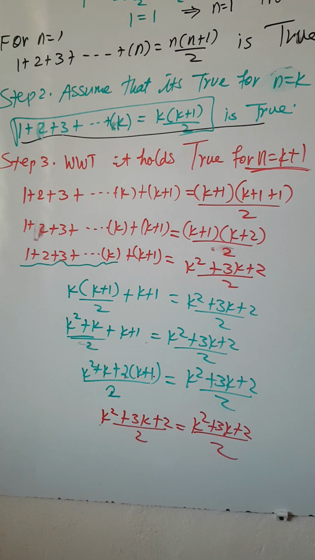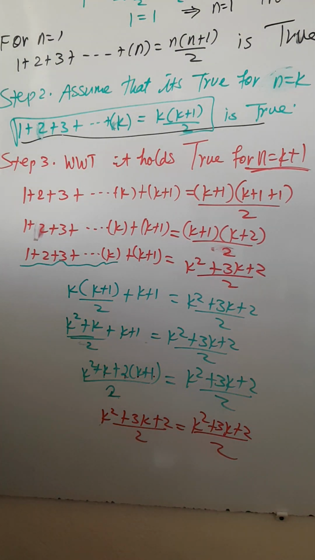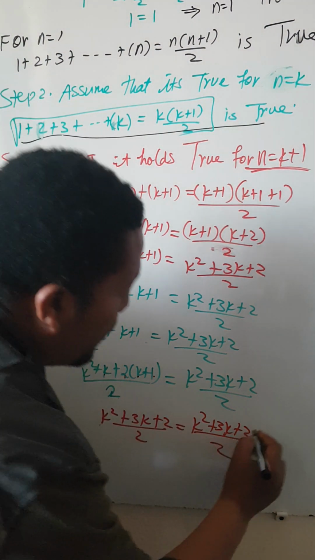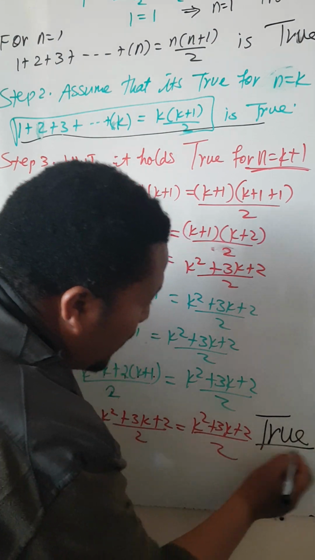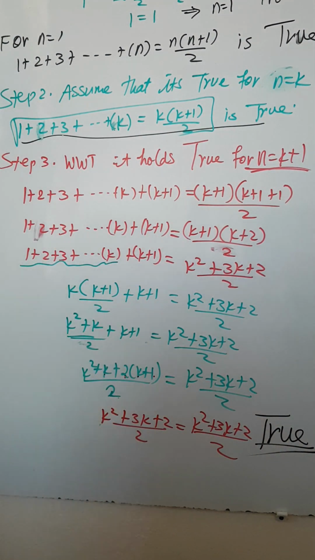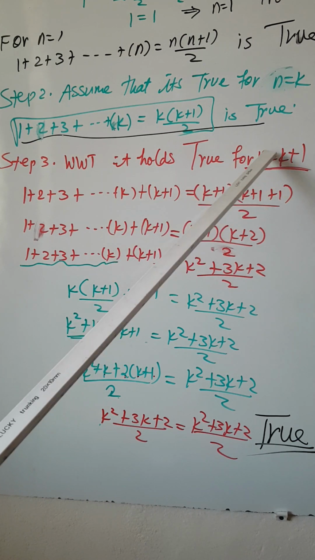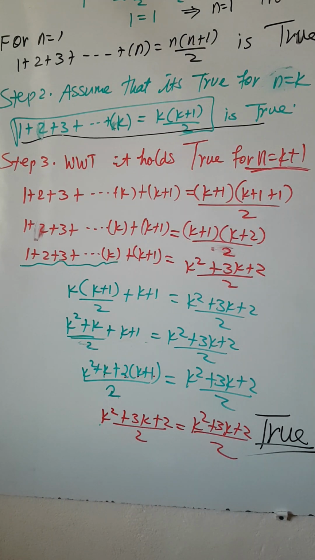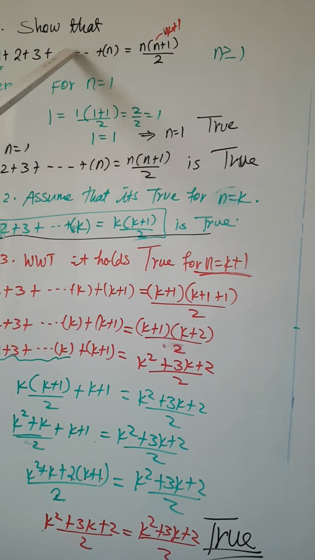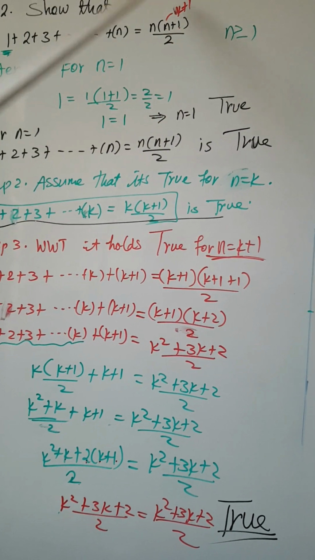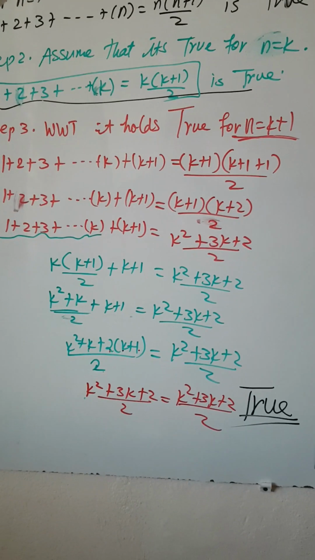Therefore, this is true, meaning this series 1 plus 2 plus so on holds true for n is equal to k plus 1.